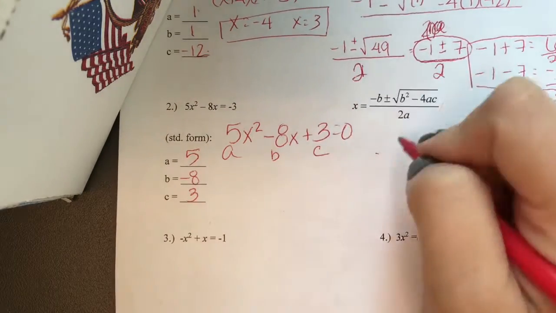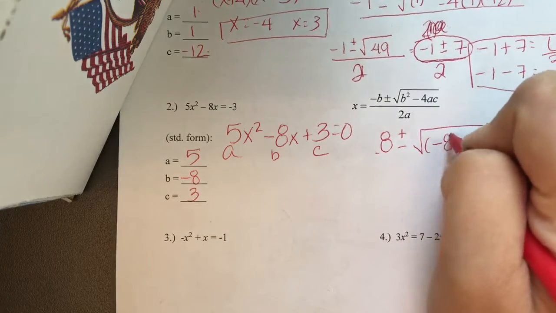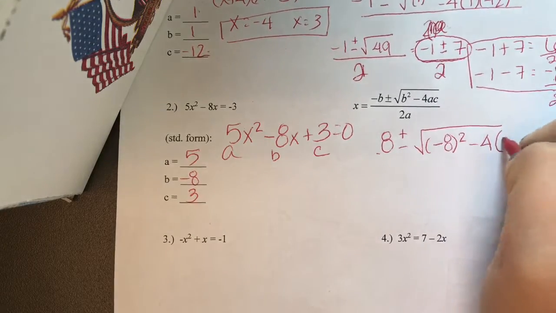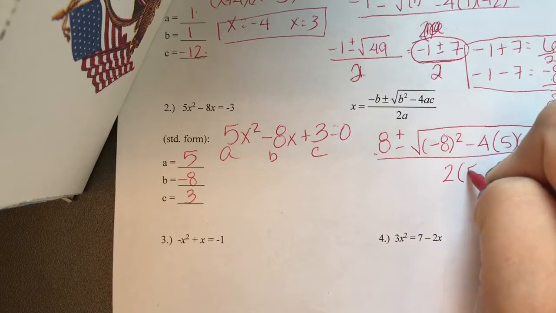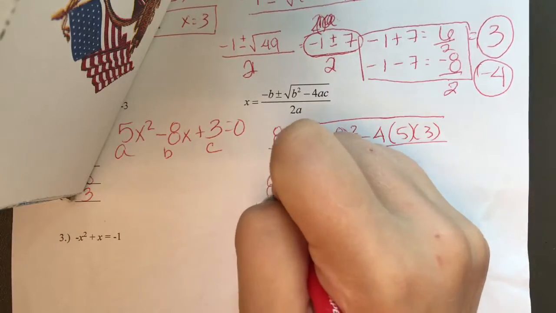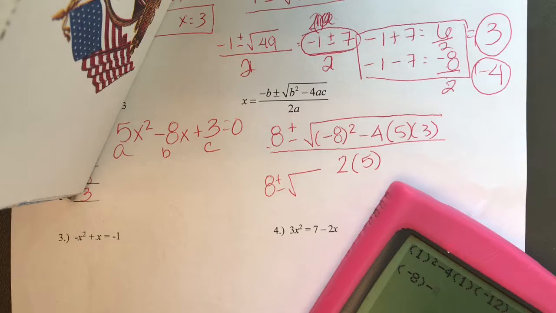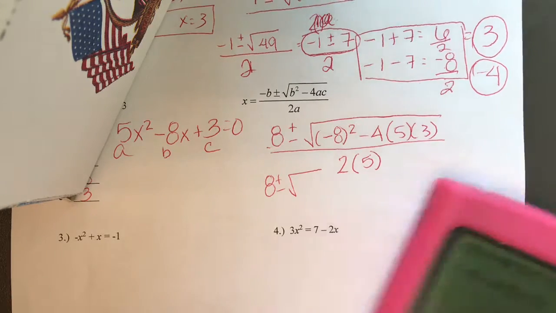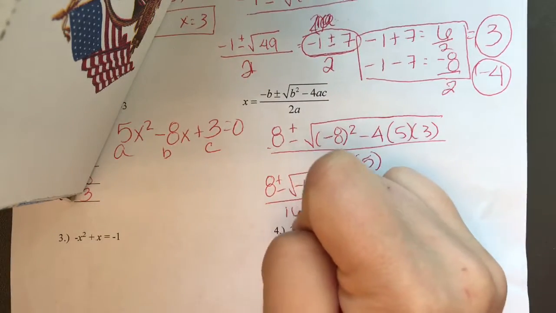The opposite of negative 8 is positive 8, plus or minus the square root of... go ahead and simplify this to get the discriminant. You get negative 68 over 10.